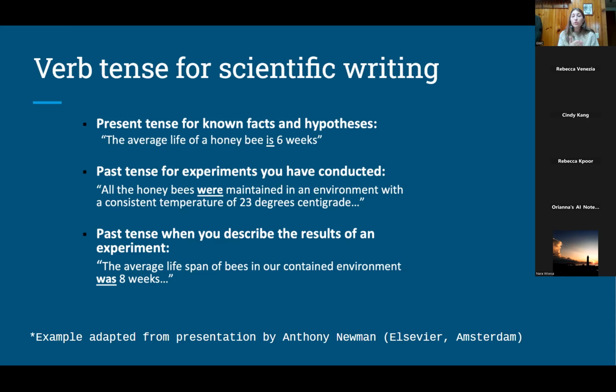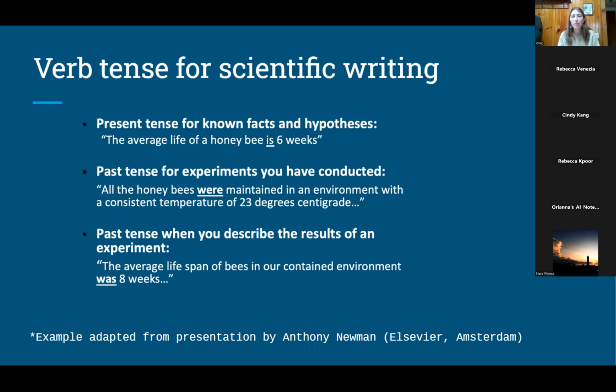And then when you're describing the results of an experiment, that's also where you're going to use past tense. So these are things that you found, you observed, they're already done. So that's where you're going to use past tense. Again, the example, the average lifespan of bees in our contained environment was 8 weeks. So that's what you measured, that's what you saw, it's over and it's done.